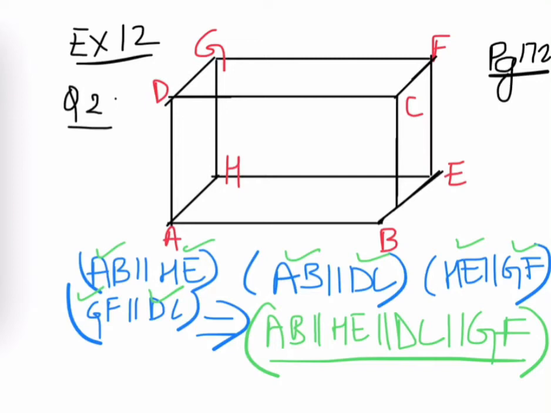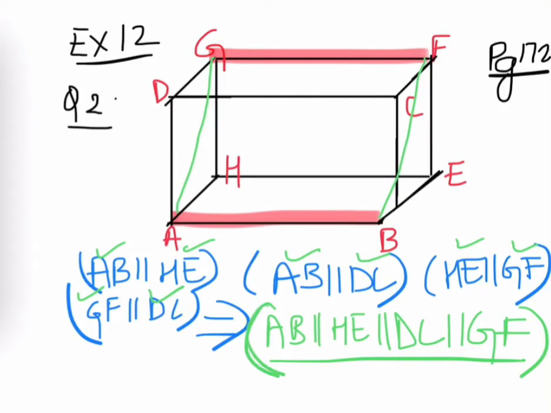How is AB parallel to GF? Do not get confused about how it is parallel, because although they appear to be part of different planes, if we draw lines, then we can see that they are part of the same plane. So write it in the combined way. Even if you are writing separately, write all the pairs of parallel lines. Okay?